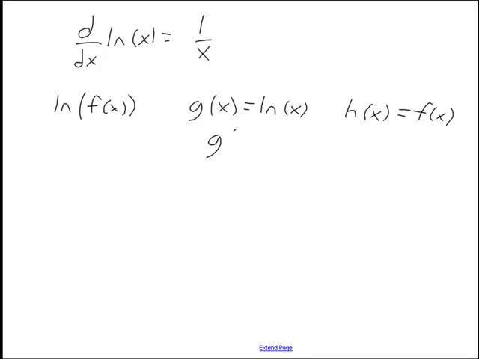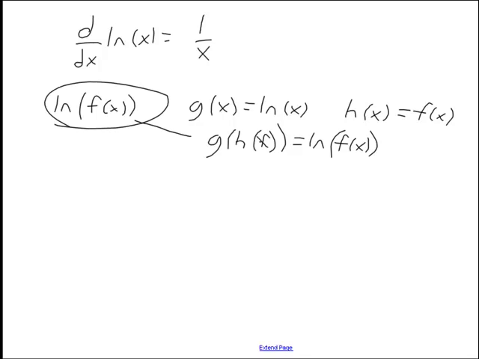So g of h of x would be equal to the natural log of h of x, which is the natural log of f of x. So we just took our natural log of f of x and wrote it as a composite function, g of h of x. So with that in mind, knowing our chain rule, our derivative will be g prime of h of x times h prime of x.